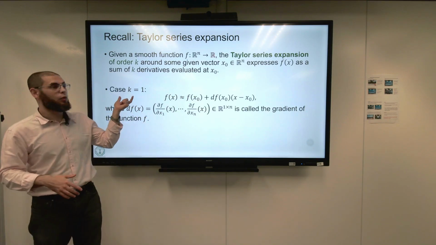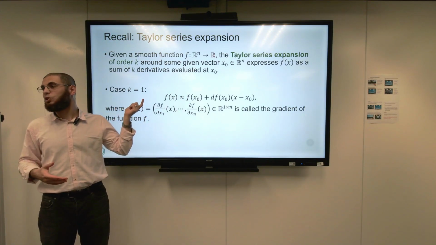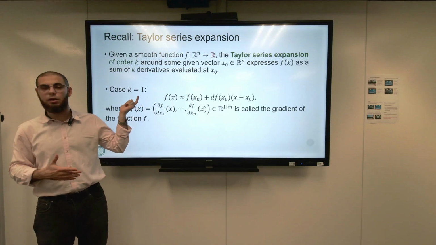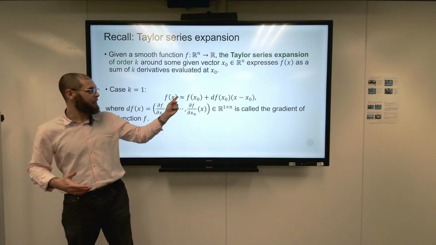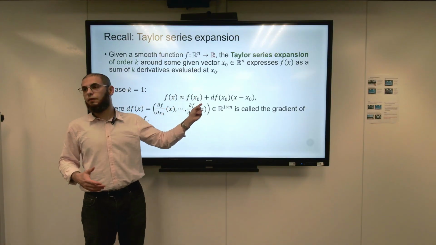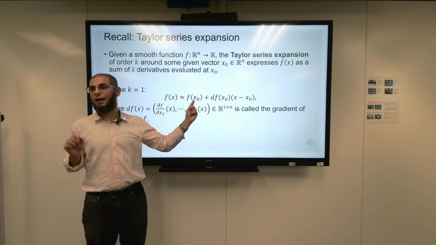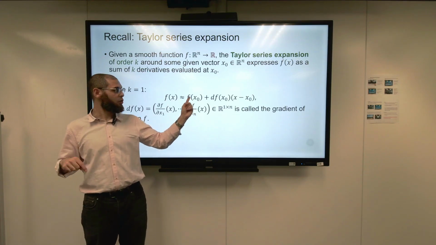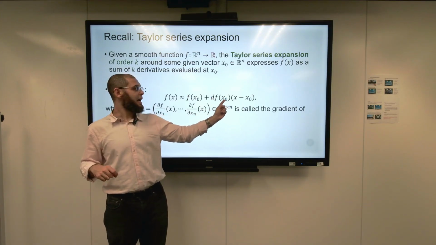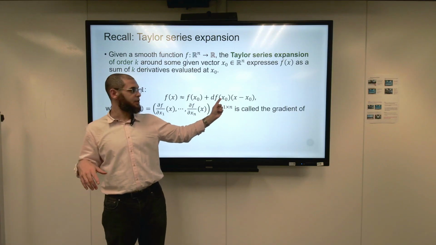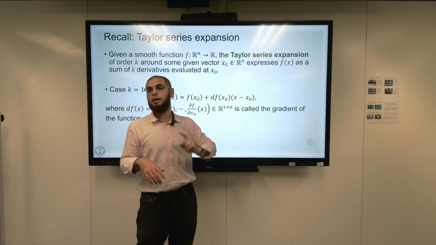In the case k equal 1, which is the easiest one to look at, and the one that we're actually going to be using, you can approximate any function f(x) to be the value of f at the point x0, plus the gradient of f at x0 multiplied by (x minus x0).